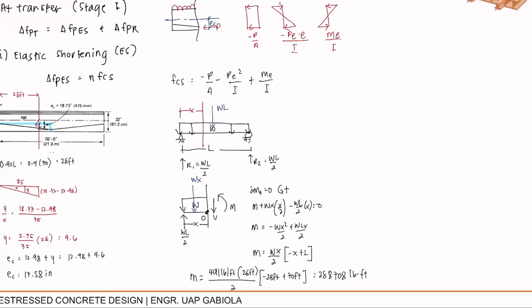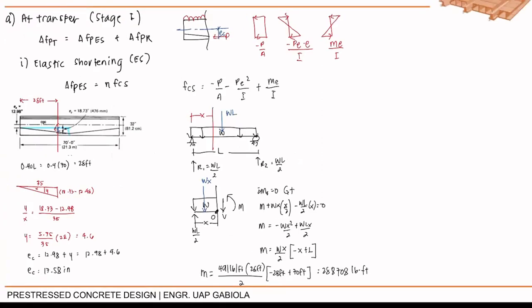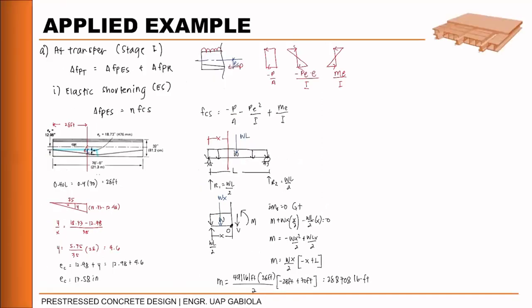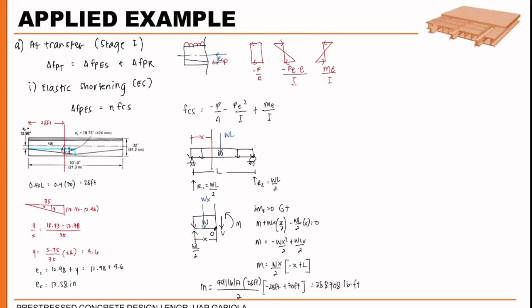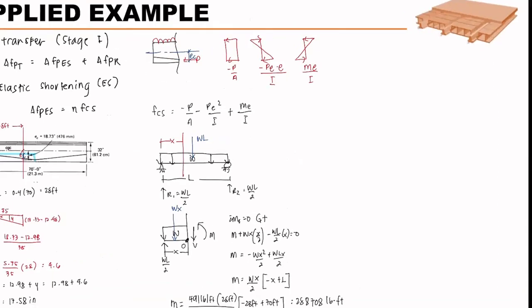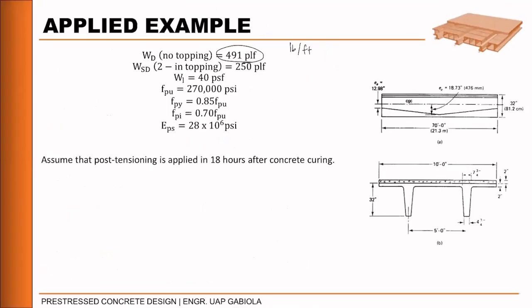May value tayo ng P. Hindi pa given yung P, no? Okay. So yung P, may given tayo dito na FPI, no? Initially. Okay. So yung FPI daw natin, is equal to 0.7 ng FPU.